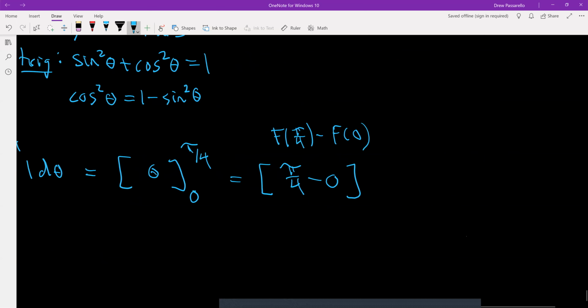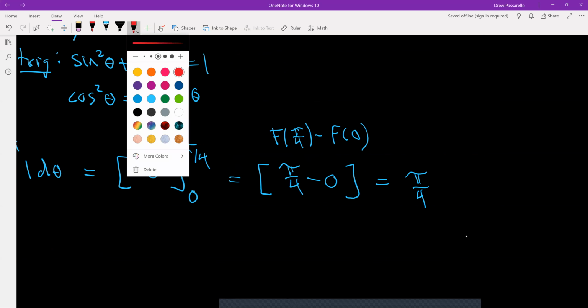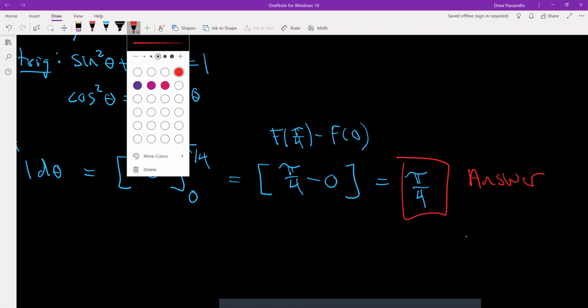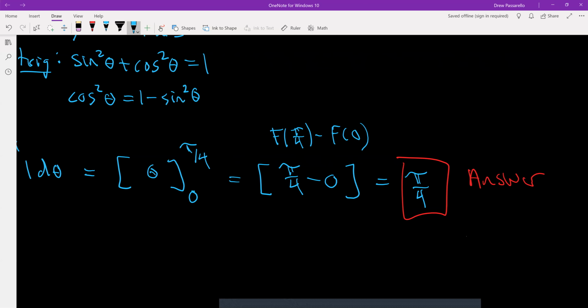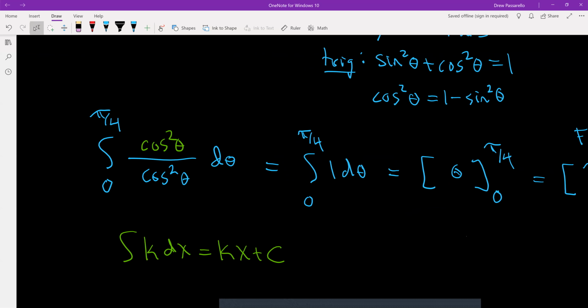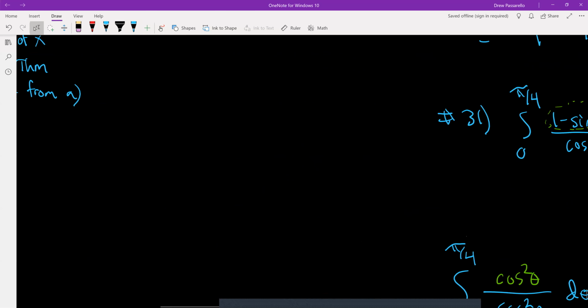So the answer is pi over 4. Once you rewrote it, it's a really simple integral, and doing the fundamental theorem is really just plugging it in.